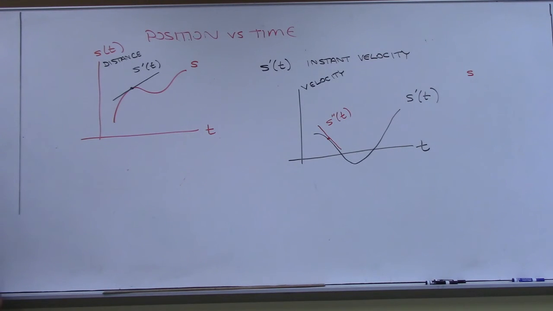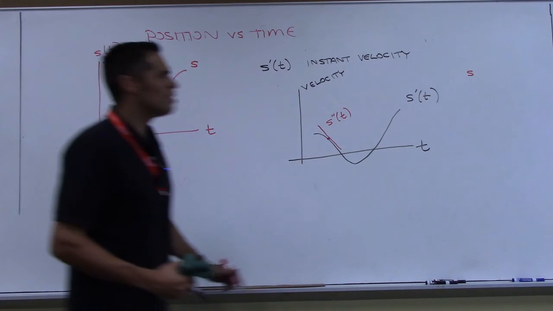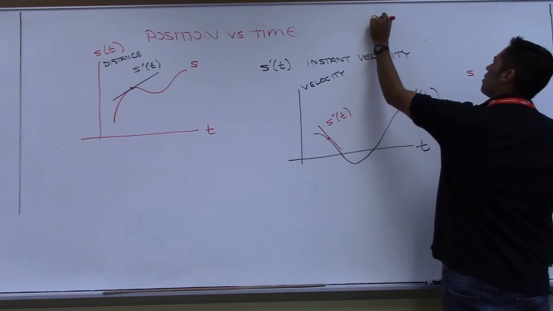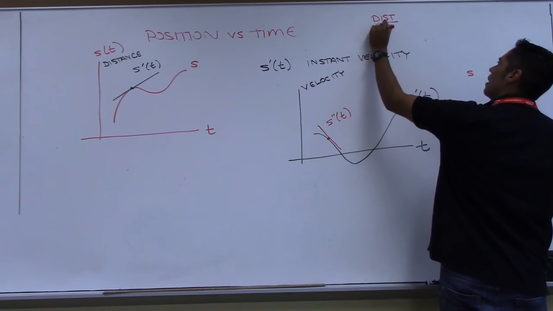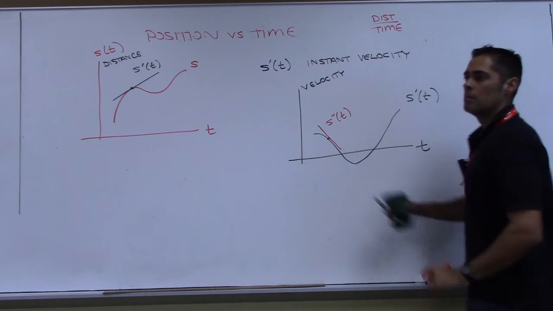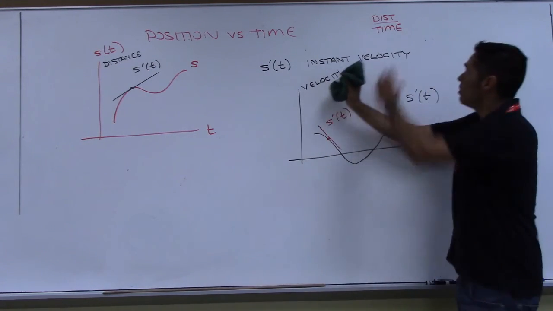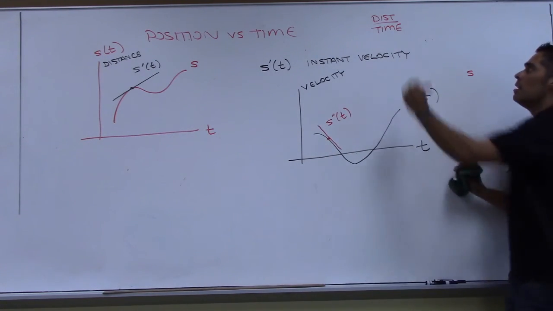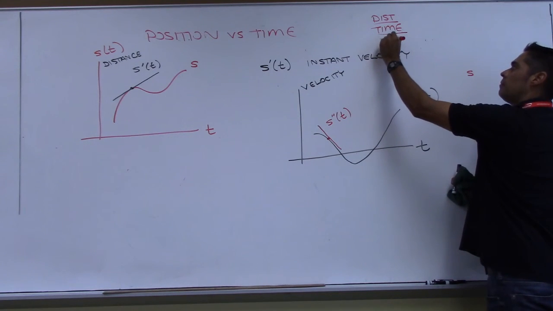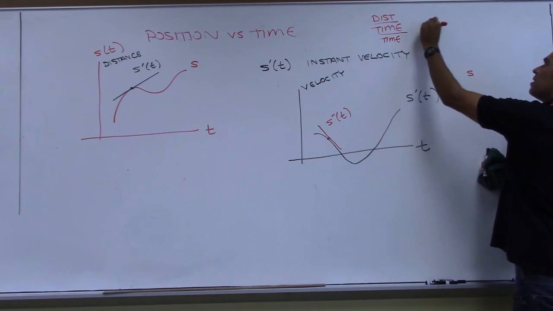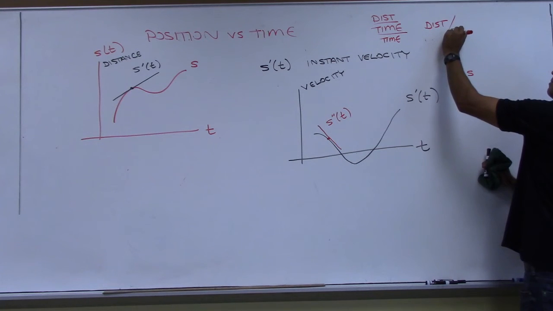Why is acceleration that? Distance over time is velocity, right? But if I take velocity and divide it by time, then I have distance over time squared.